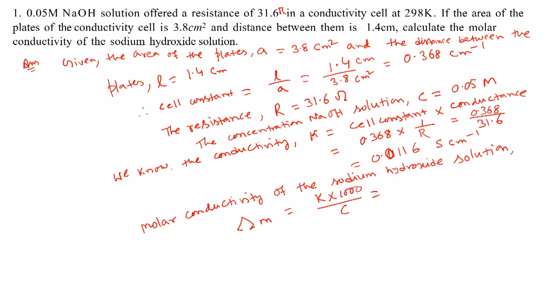So, kappa you already got, 0.0116 times 1000, and the concentration C we also know, 0.05 molar. So, if we calculate this we get 232 S centimeter square mole inverse. Okay, so, this is the value of the molar conductivity of the sodium hydroxide solution.